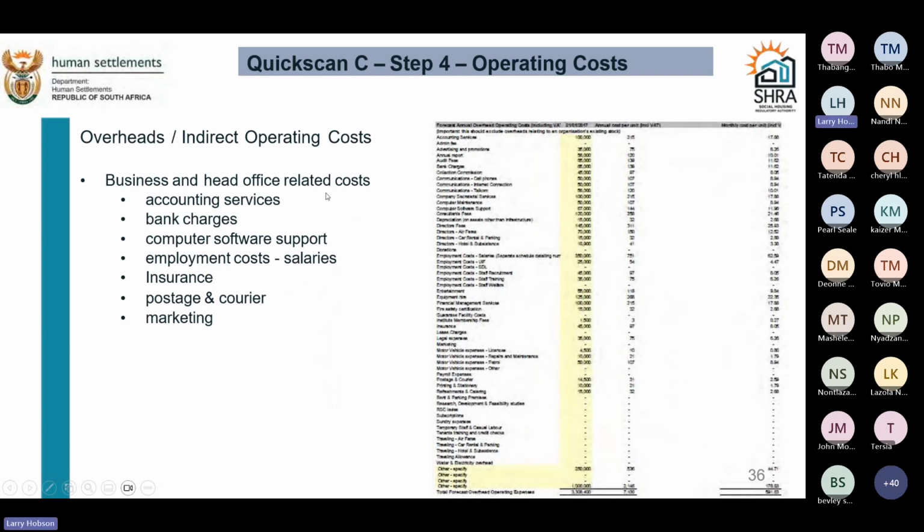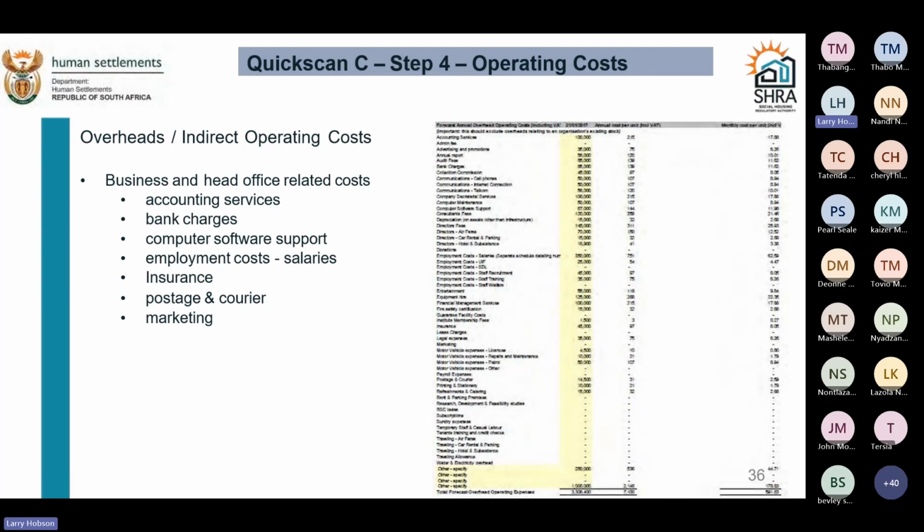Okay, so now we deal with the overheads. Don't try and read what's in that. It's a very long list and a very detailed list, but the expenses are for accounting services, bank charges, computer software support, employment costs, salaries, insurance.